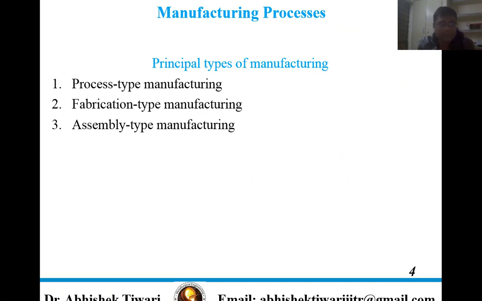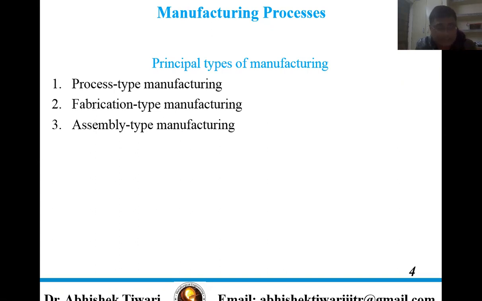So process type manufacturing involves continuous flow of materials through a series of process steps to obtain a finished product like chemicals, and fabrication type manufacturing involves manufacturing of individual parts or components by a series of operations such as rolling, machining, and welding.